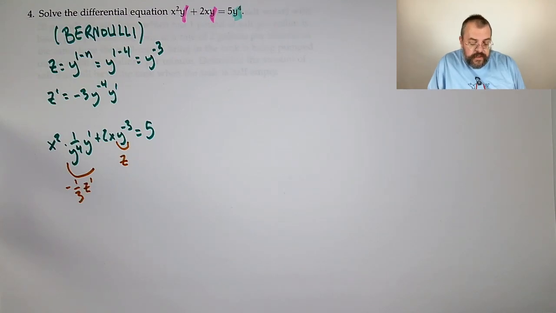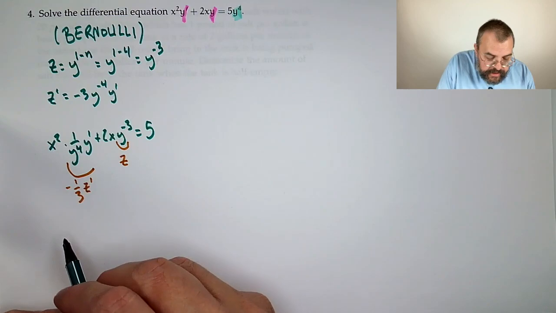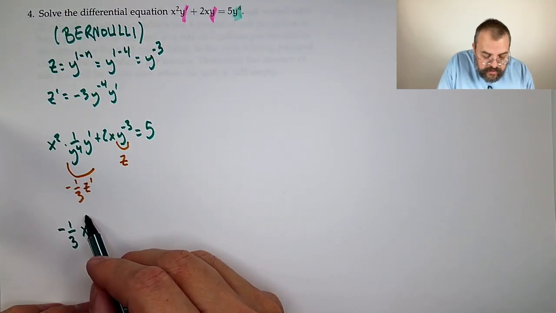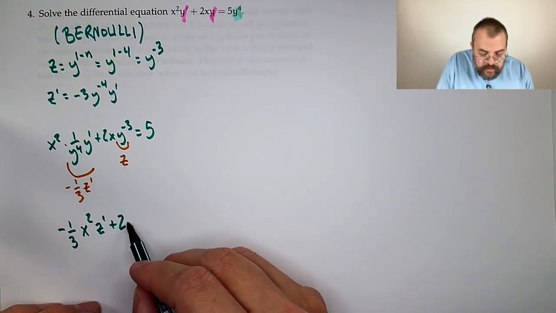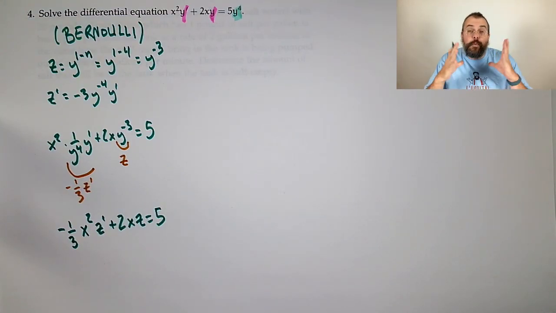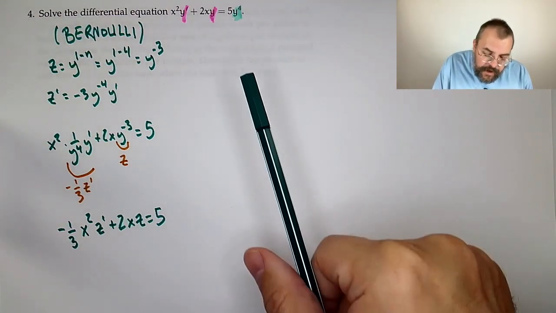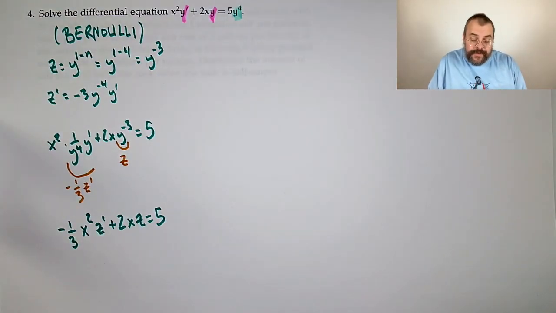When we carry out that substitution, minus 1/3 x squared z prime plus 2xz equals 5. And we're in linear first order in terms of z. So the Bernoulli substitution takes something which is almost linear first order, other than this one piece, and turns it into linear first order.